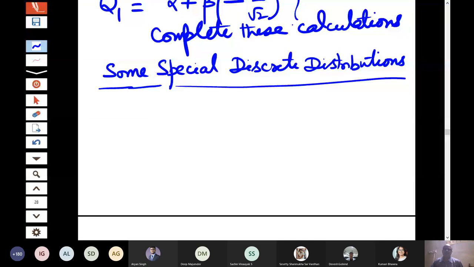Therefore, it is easy for us to do the grading by devising a scheme based on percentiles: this much percentage of the students will get an EX grade, this much percentage will get an F grade, and those in the middle will get A, B, C, and so on. It is a very nice policy that we are using, but generally we know that the distribution of the marks is normal.